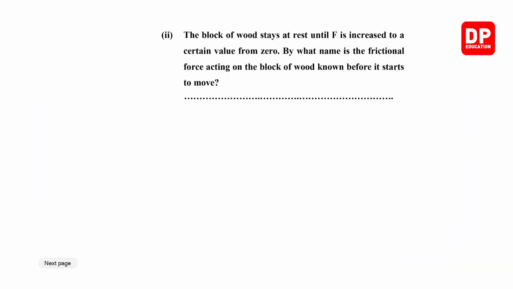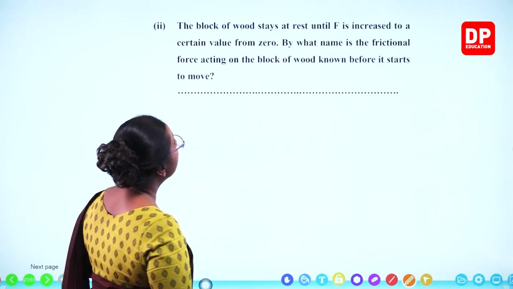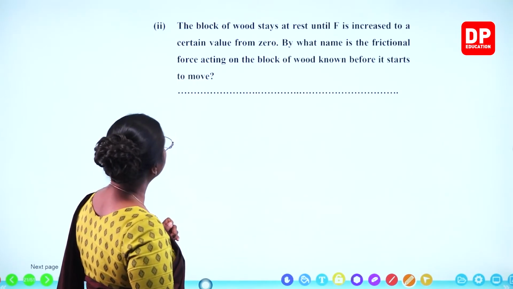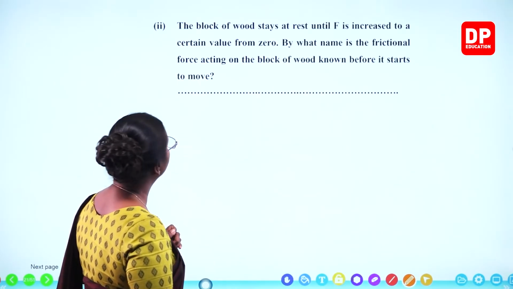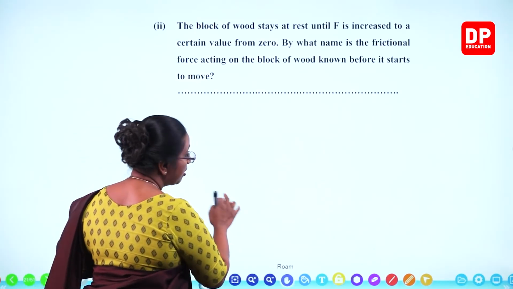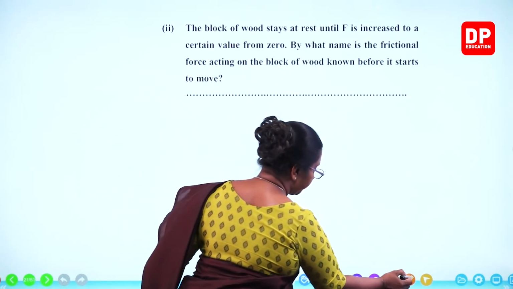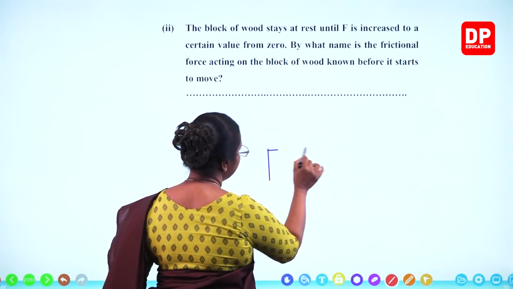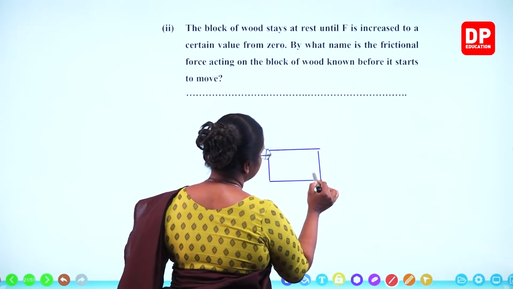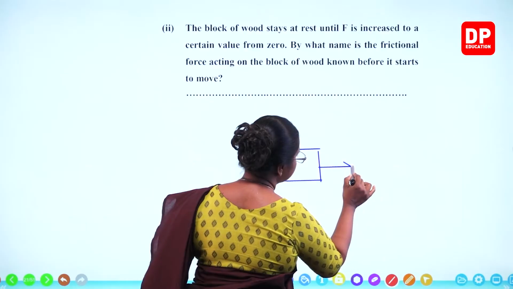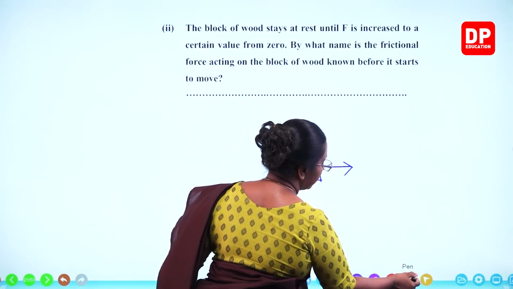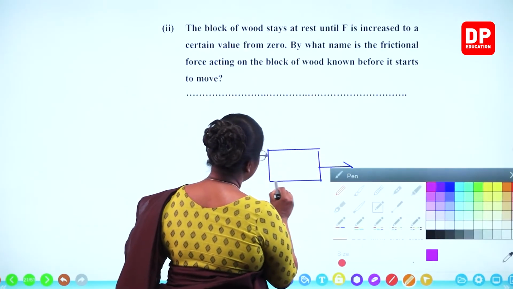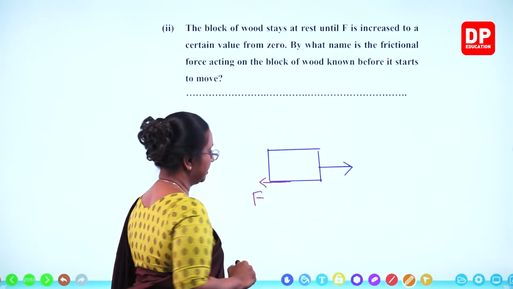Then the second part of the same question. The block of wood stays at rest until F is increased to a certain value from 0. By what name is the frictional force acting on the block of wood known before it starts to move? So you all know what friction is, students. When a block is trying to move in a certain direction, there is friction acting in the opposite direction.